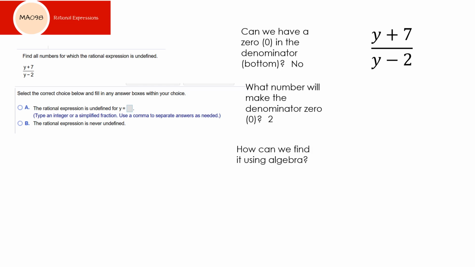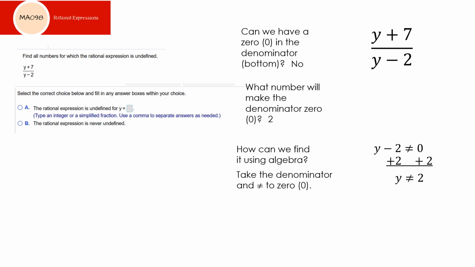How can we find it using algebra? Well, that's actually pretty easy, because what we do is we take the denominator and say it cannot equal 0. So we'll say y minus 2 cannot equal 0. We're going to do some algebra, and y cannot equal 2.